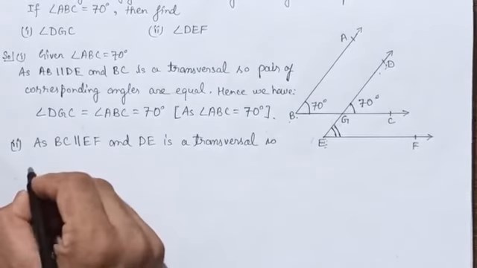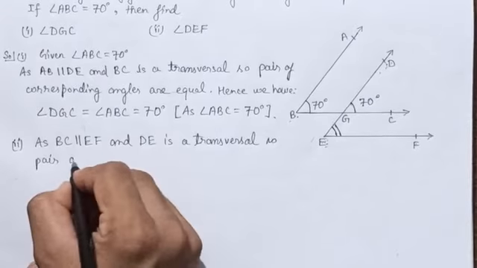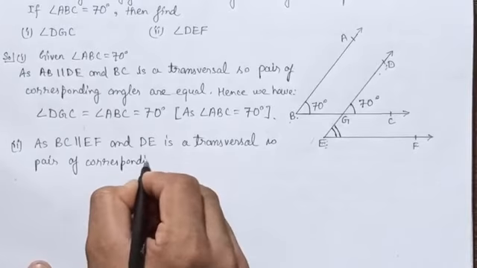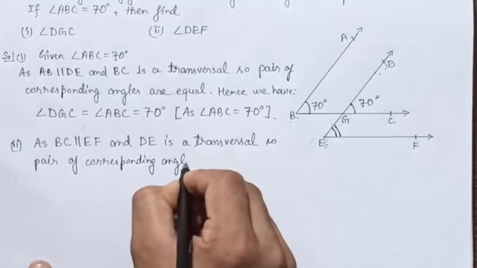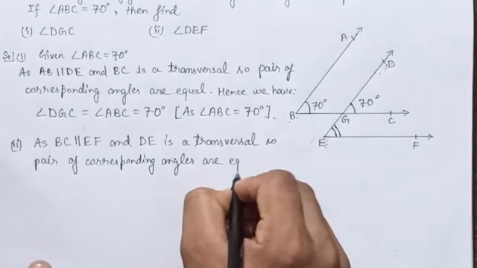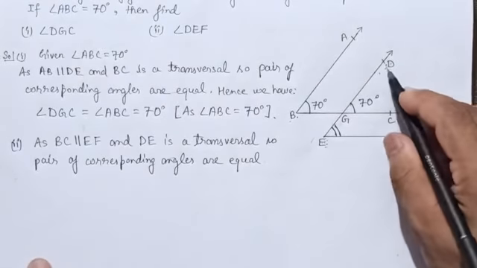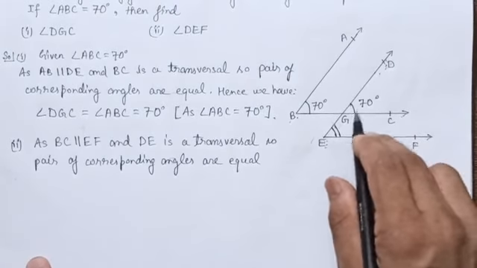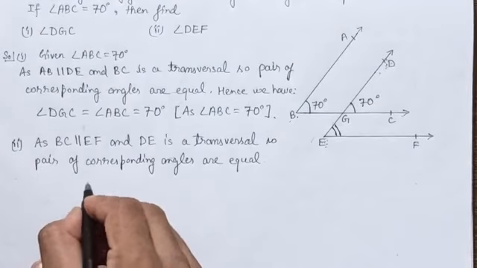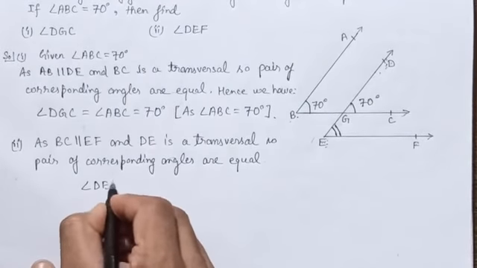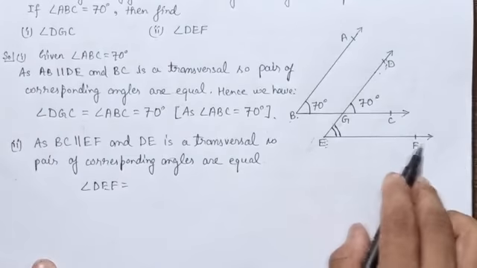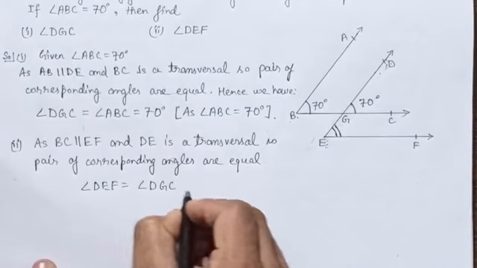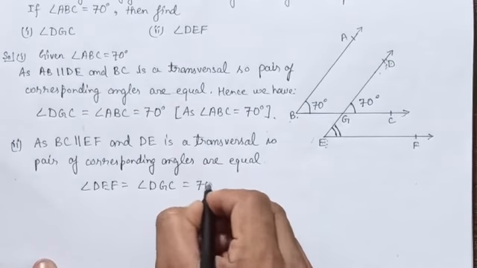Here DGC and DEF are two corresponding angles. So we can write angle DEF is equal to angle DGC, which is equal to 70 degrees.